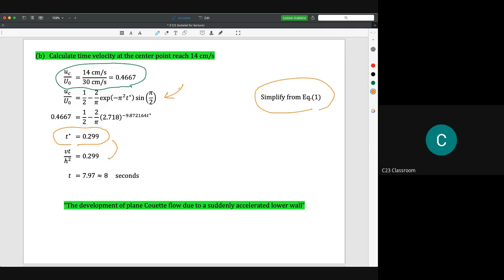Then we substitute into the equation of t star here. It is equal to kinematic viscosity nu times t over h square, and then we substitute the values into this one. Here y is equal to h over 2. And then we could get the time here, it is around 7.97, or almost 8 seconds.